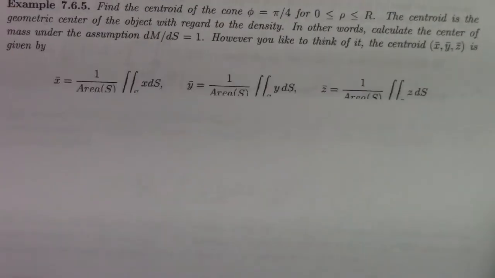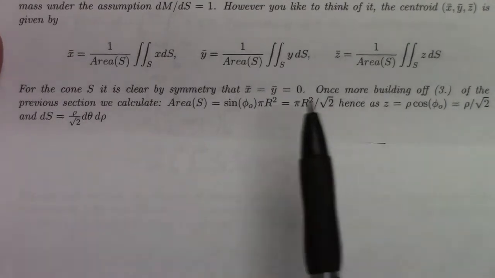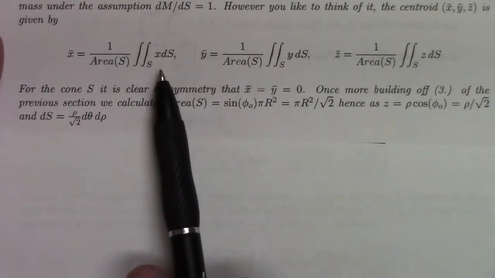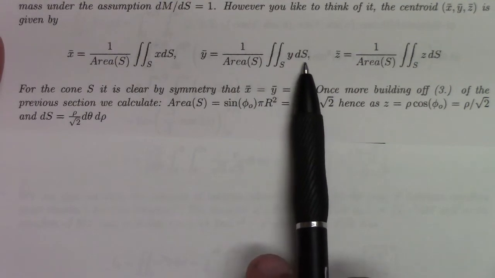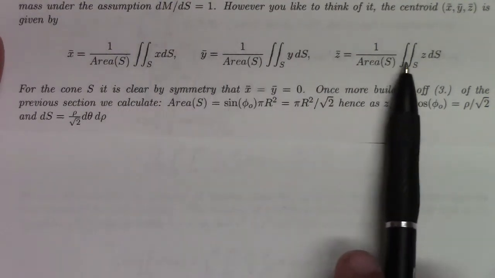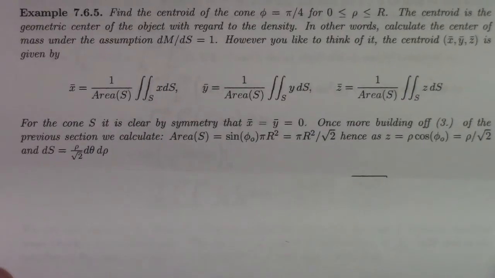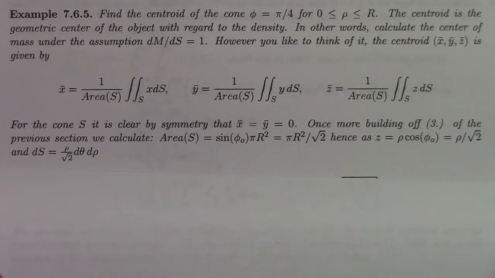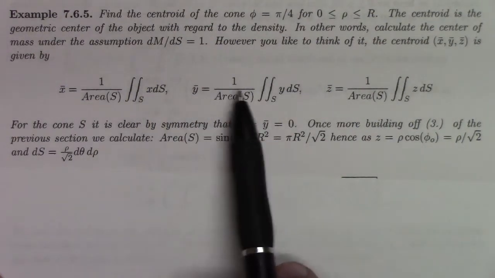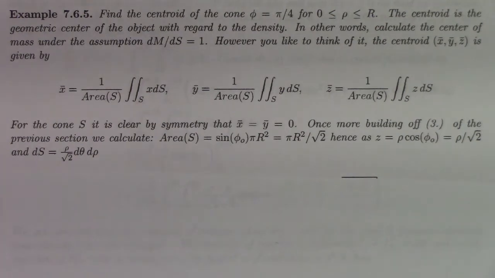the cylinder. And then here I'm calculating the centroid of a cone. So it's 1 over the area of the cone, integral of x dS, 1 over the area of the cone, integral of y dS, 1 over the area of the cone, integral of z dS. This is how we calculate centroid. For a cone which is opening around the z-axis, I would expect that x bar and y bar are both 0, so the interesting one is z bar.